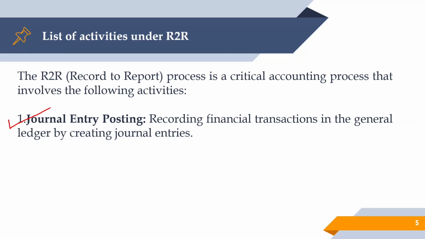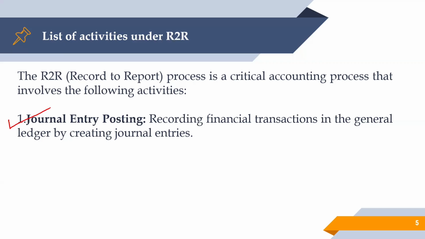So the first step is to ensure that all the transactions have been recorded, and if any transaction is missing or not recorded, then it's our responsibility in R2R to post the journal entries in the system. Whatever the gap is, whatever month-end entries we need to do, everything is going to be taken care of by R2R.